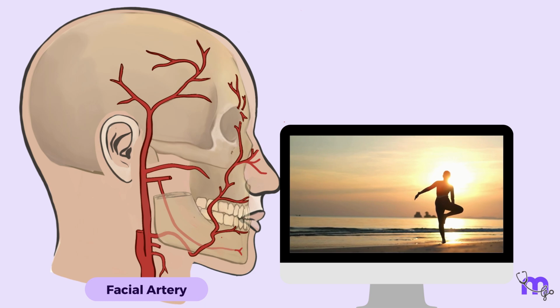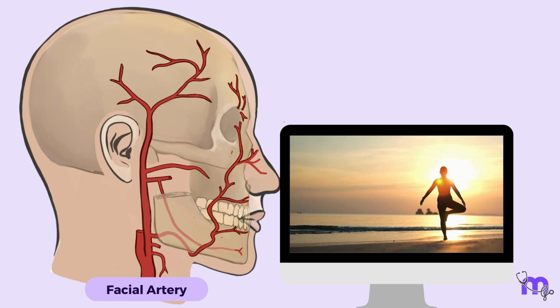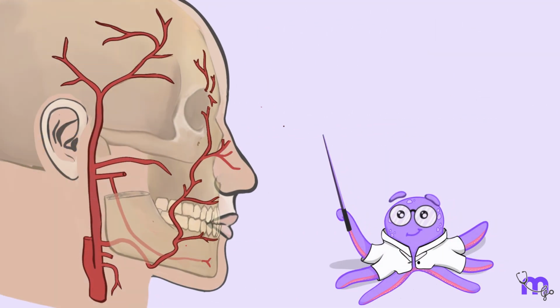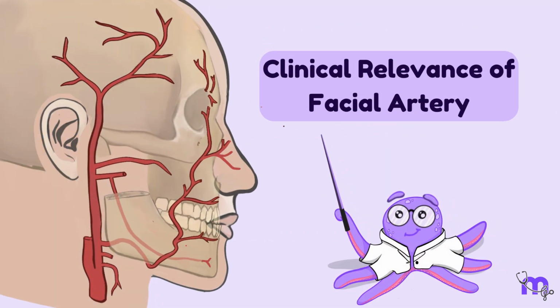Think of it as a skilled yoga practitioner, effortlessly contorting and twisting in various directions. So go ahead and take a moment to appreciate this incredible artery, because without it, your face would be quite pale and lifeless.